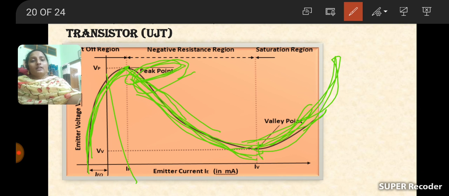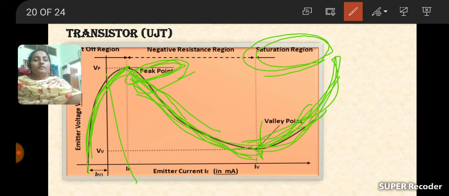This point is called the valley point and the region is called the saturation region.